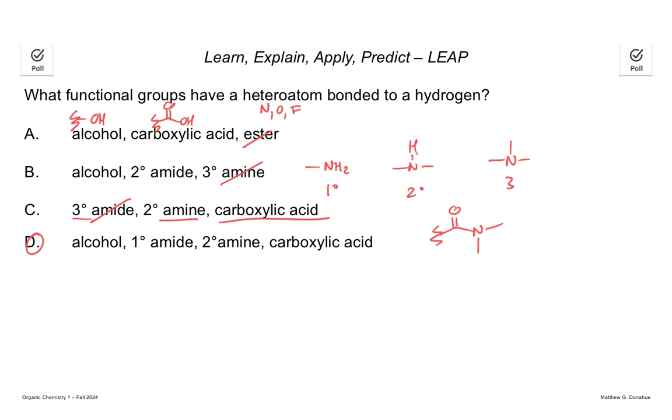So what this is telling us is that in a specific region of the IR, you're going to see OH stretching and NH stretching. We already agreed that every molecule has carbon-carbon bonds and carbon-hydrogen bonds. So carbon-hydrogen stretching is not really diagnostic for IR because every molecule has it.